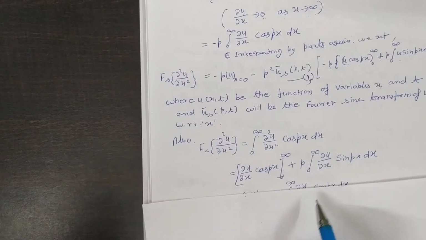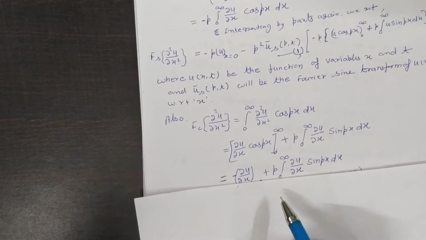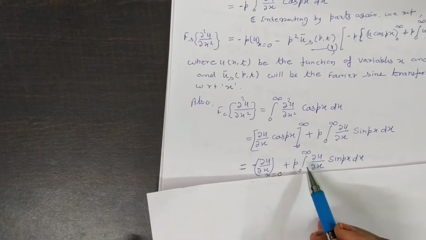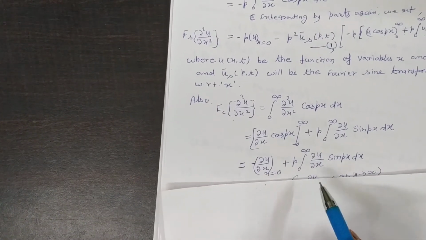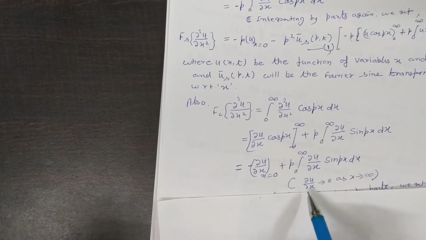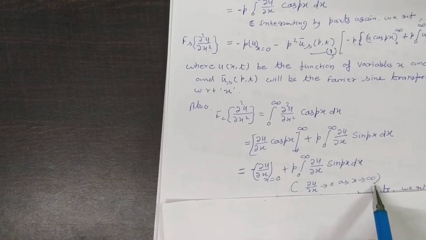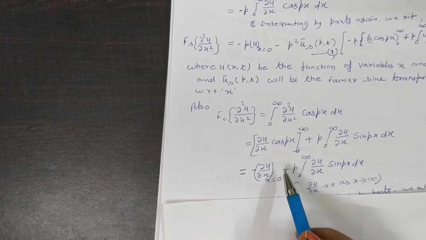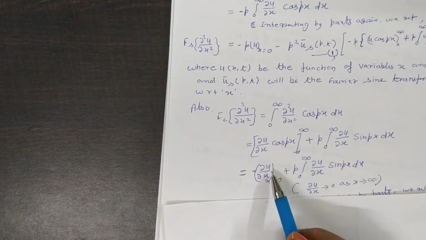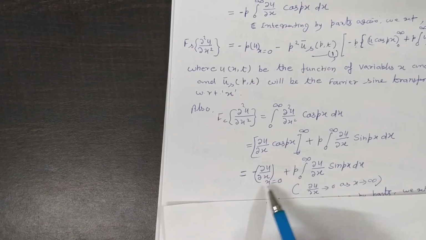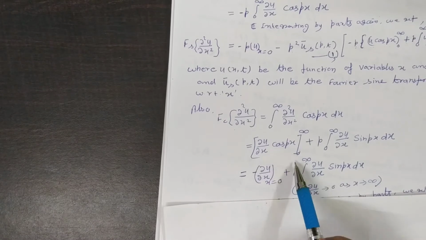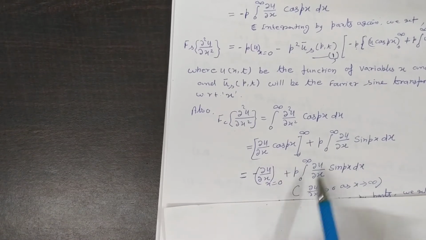Since cos 0 is equal to 1, ∂u/∂x tends to 0 as x tends to infinity, and at 0 this is 1, so it becomes minus of this limit.